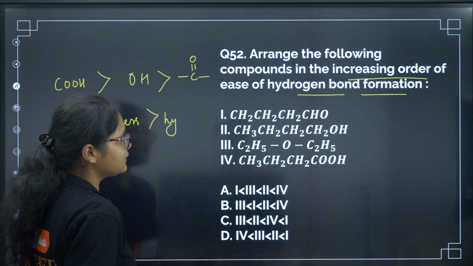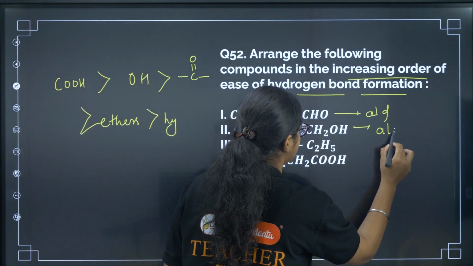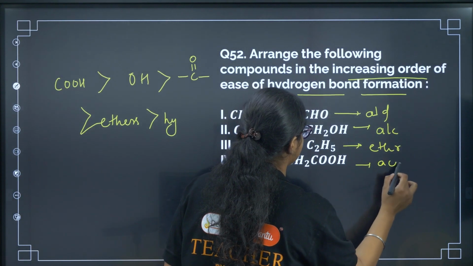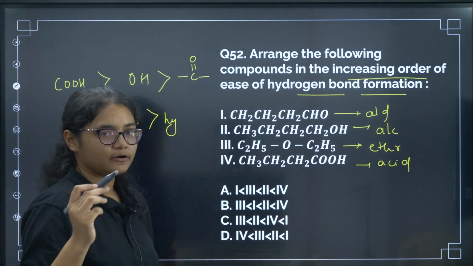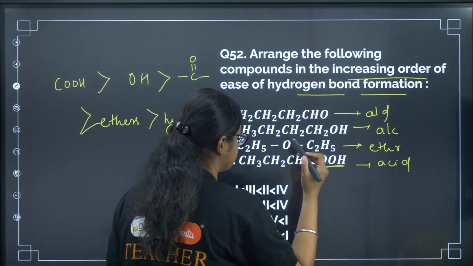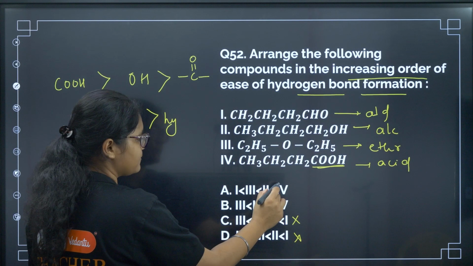This one is an aldehyde group, next is an alcohol group, here we have ether groups, and this is an acidic group. The most hydrogen bonds will be formed by option 4 because of the presence of the acidic group, so the fourth one should be highest, and we can eliminate options C and D.